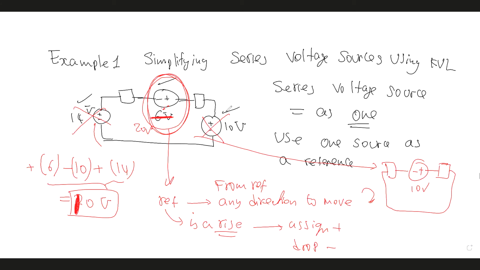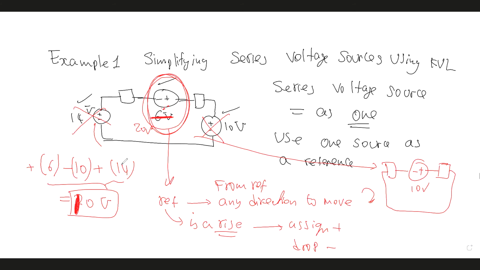You eliminate this one, you eliminate this one, you go to the location of your reference and put them both. By the way, in a series circuit, you can bring this source and place it here. Doesn't matter because it's series. Remember, in a series circuit, you can always switch location. This is the way that you simplify a bunch of independent sources.